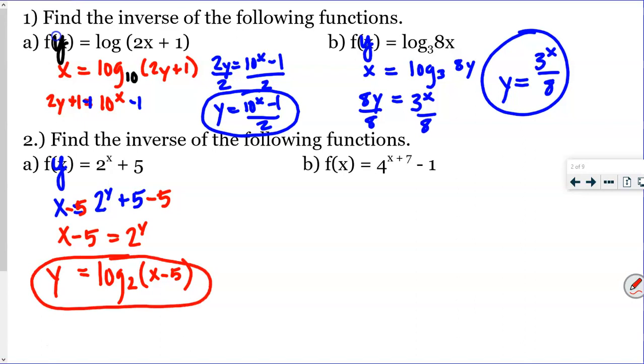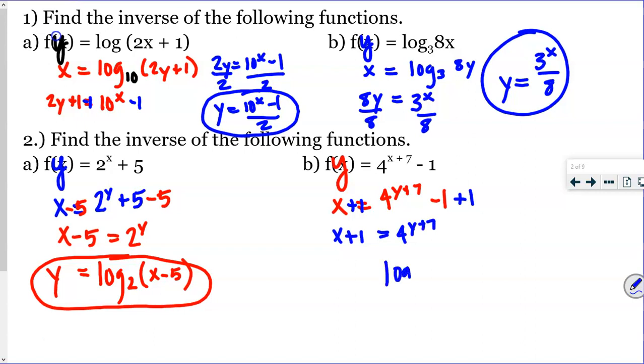And the next one, again, same thing. So this is our y. So we're going to swap our x and y. So this is going to be x equals 4 to the y plus 7, minus 1. So we are going to have to, again, get rid of that negative 1 first. So we're going to add 1 to both sides. So this is going to be x plus 1 equals 4 to the y plus 7. So now we're going to take this and put it in a logarithmic format.